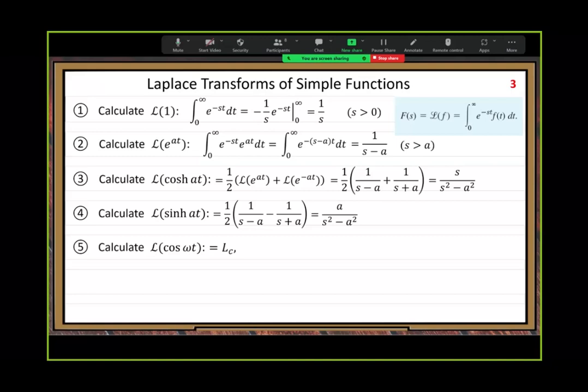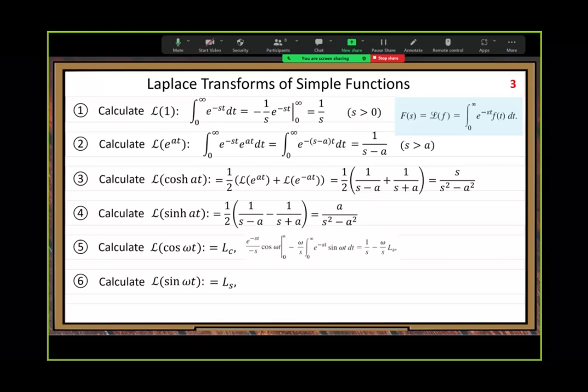We use the notation LC to represent this Laplace transform. Then we also consider the sine, LS, because we want to calculate them together. We can derive a recurrence relation between these two functions, so we consider them together.